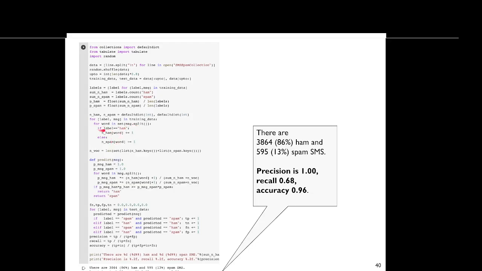So if the label was ham, then we increase the count of that word in the ham dictionary, otherwise it's in the spam dictionary, and that gives us the overall counts for a certain word within ham or within spam. The size of the vocabulary is defined over here.